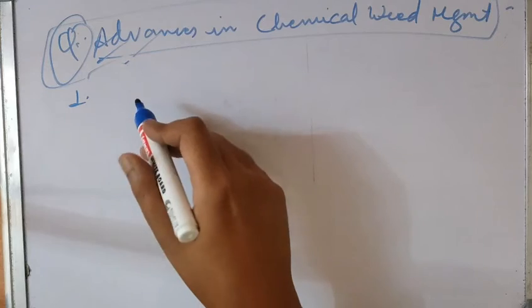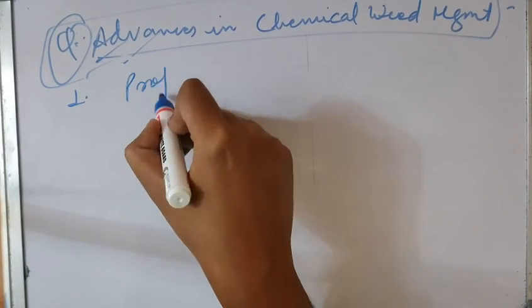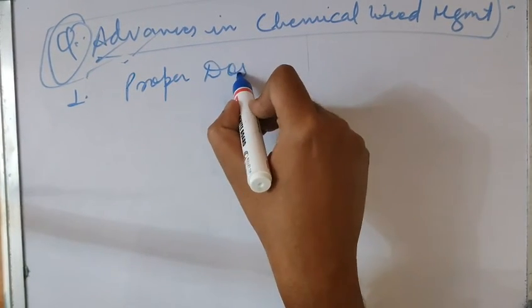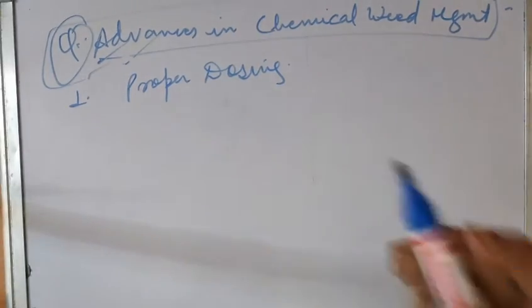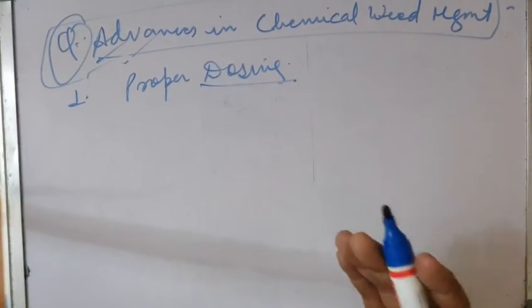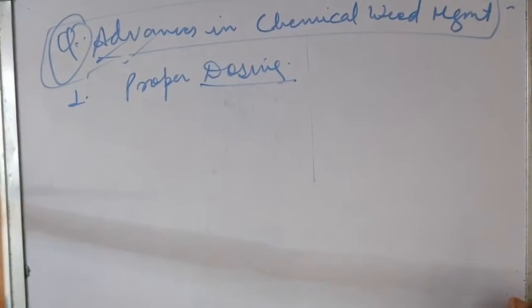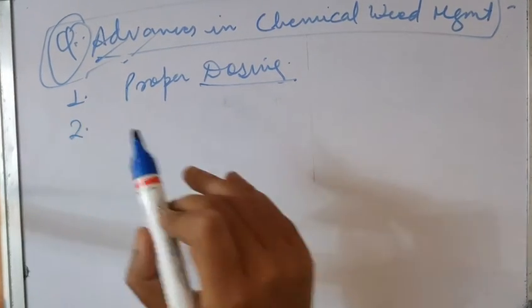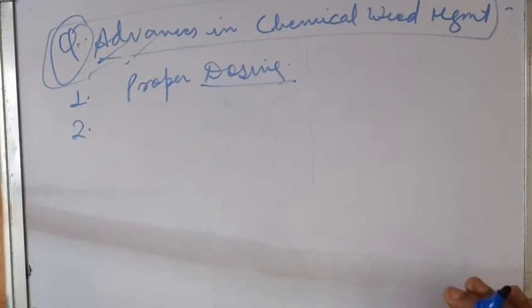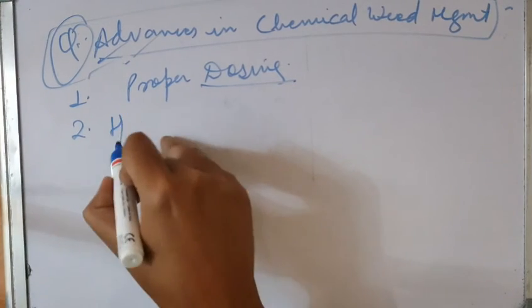First of all, proper dosing of herbicides. We are not just applying herbicides in the field without proper dosing, but deciding how much is required, what is the quantity of weeds there, and what quantity is properly required, so that excessive use can be regulated. We are doing herbigation.